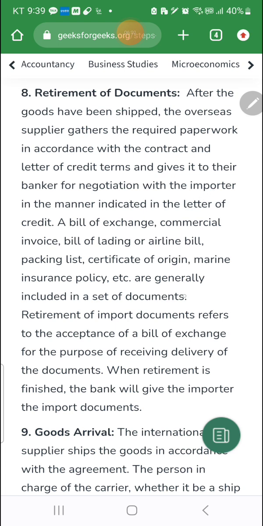So there's retirement of documents: a bill of exchange, commercial invoice, bill of lading or airline bill, packing list, certificate of origin, marine insurance policy, etc. are generally included in the set of documents.